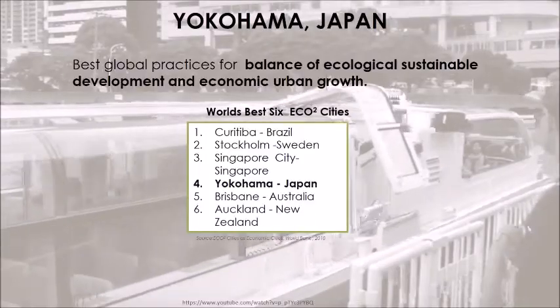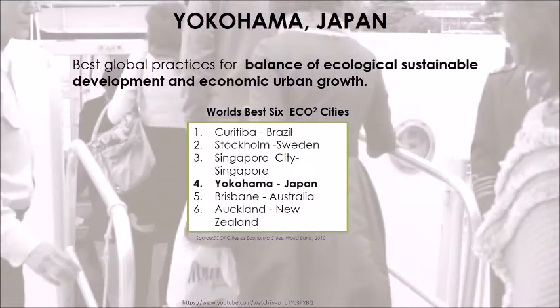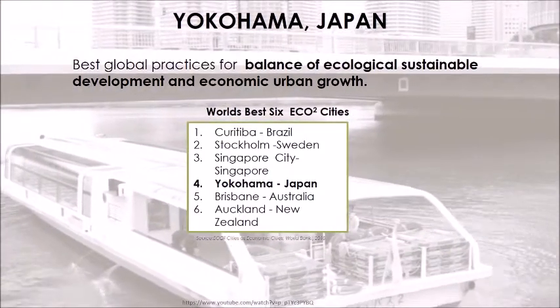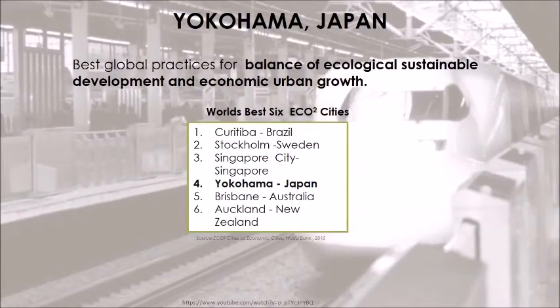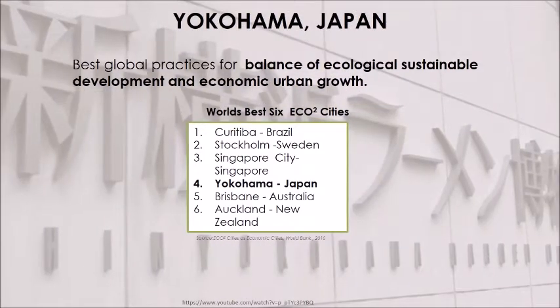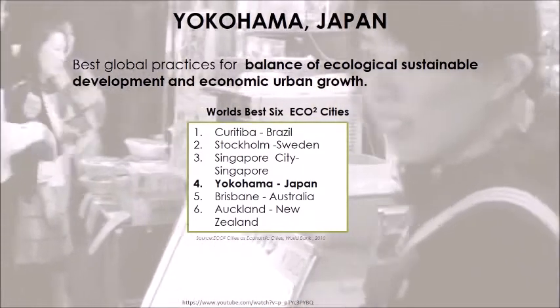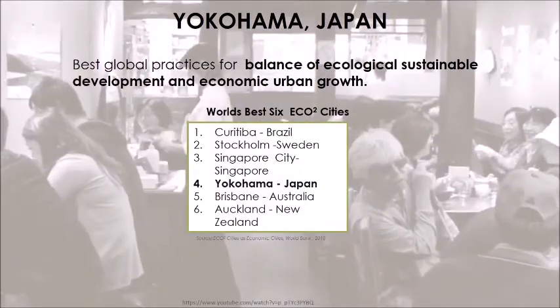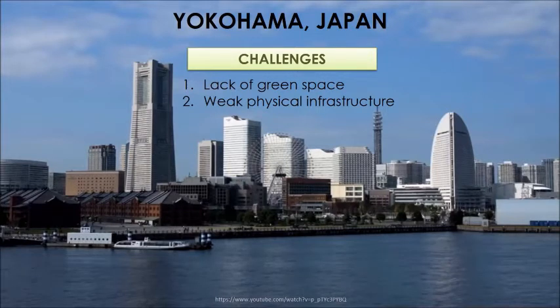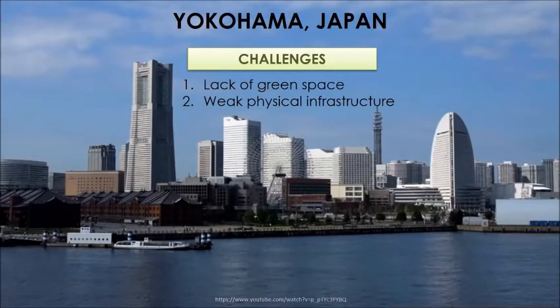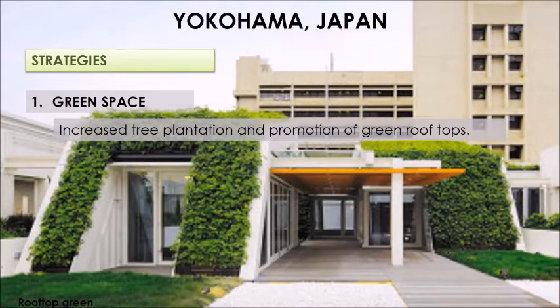So Yokohama is a good case for this approach, and let us see what they have done in order to qualify to become an eco-city. The challenges of Yokohama were lack of green space and weak physical infrastructure. And what were their strategies? How did they overcome these challenges?